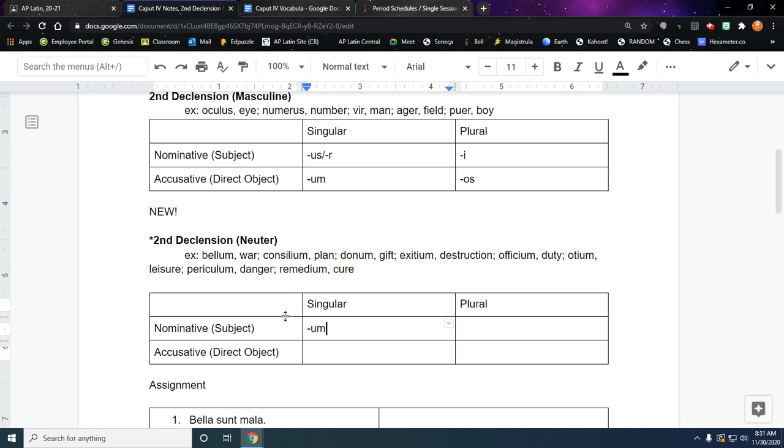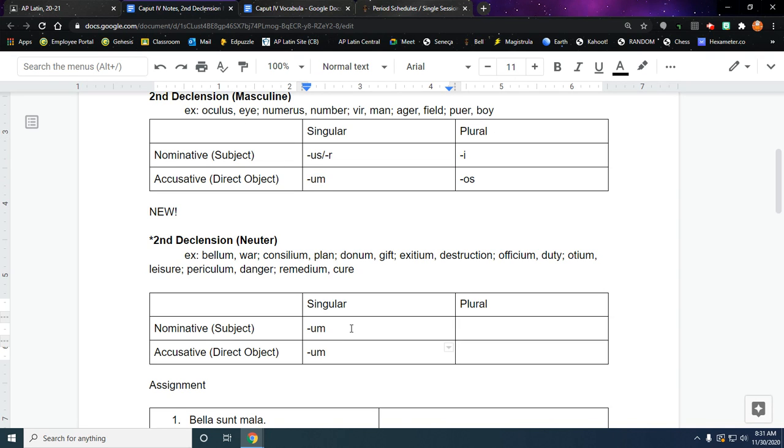So that's going to be the nominative subject form of it. Okay, see all the UMs? All right, now the accusative is also UM, and there's a good rule of thumb to know with neuter anything, because we're going to get into eventually a third declension, and that also has a neuter, is that nominative and accusative are always the same. All right, and so the accusative is also UM, which is the same for a second declension masculine noun.